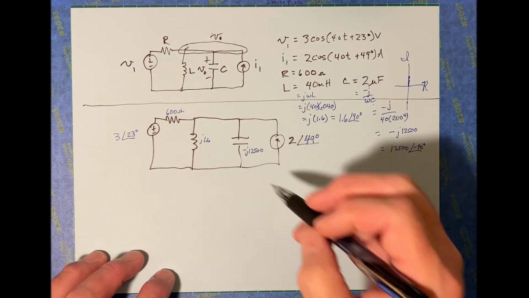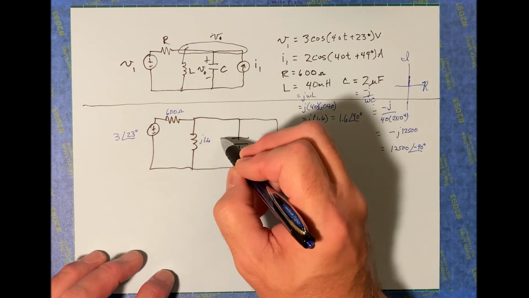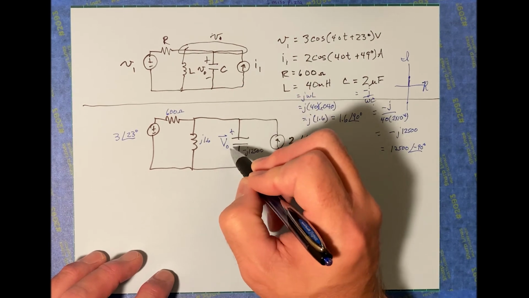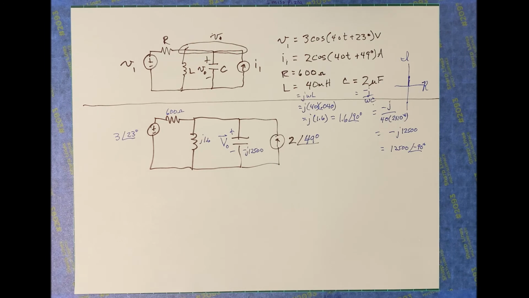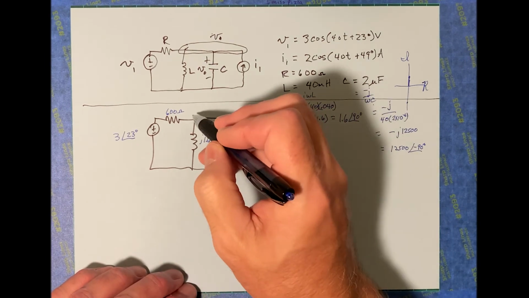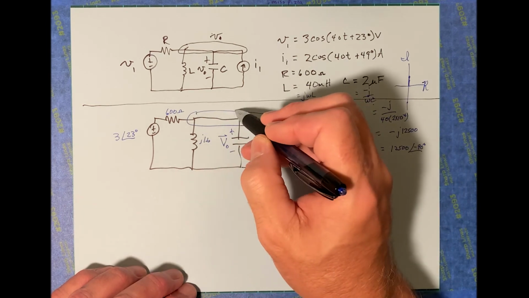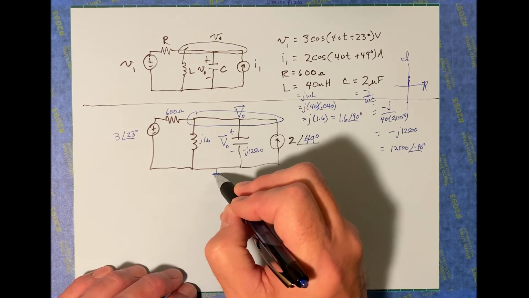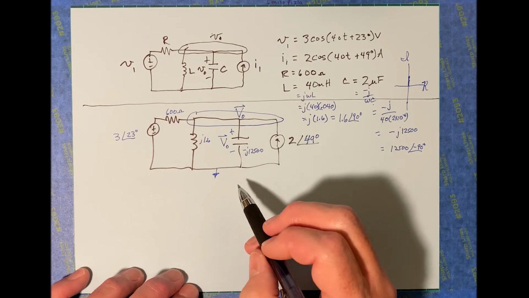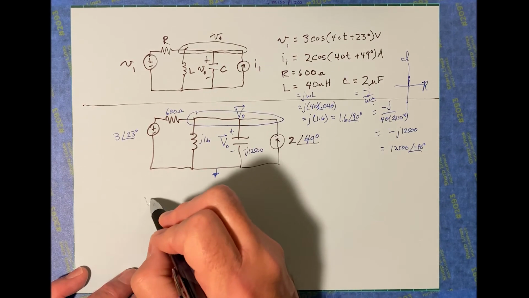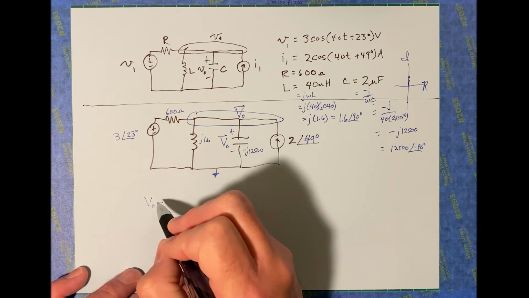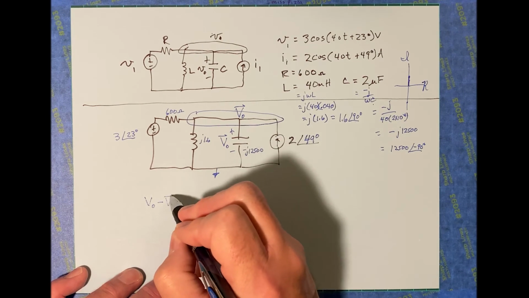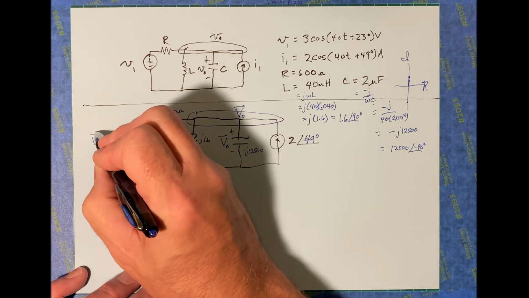And by the way, the V naught transforms into phasor V naught like that, and that's what we're after. This is our phasor V naught node. We will choose this as our reference node down here, and I can write V naught minus phasor V1. This is phasor V1.